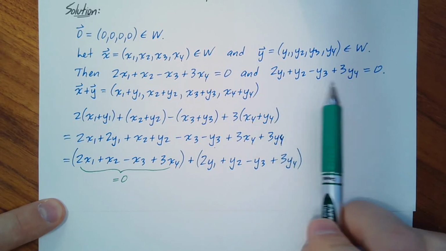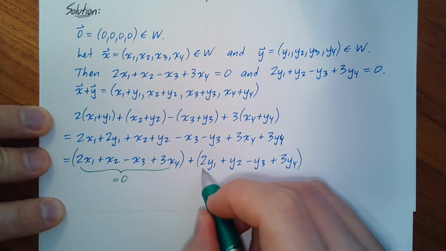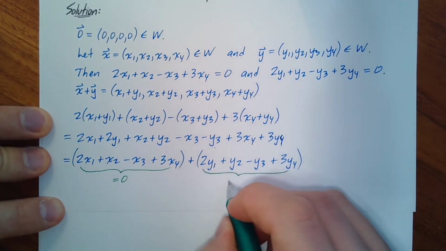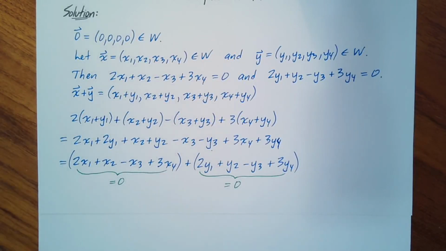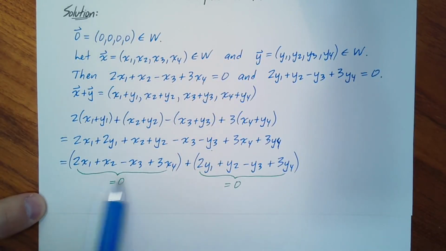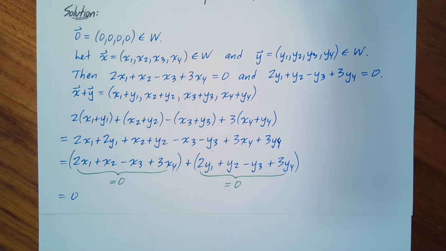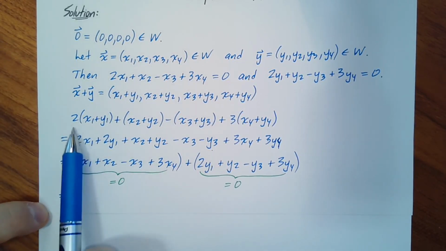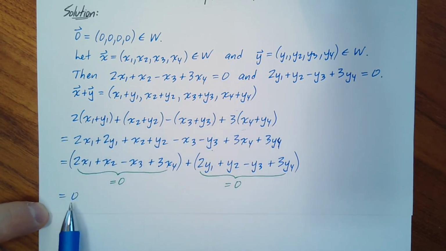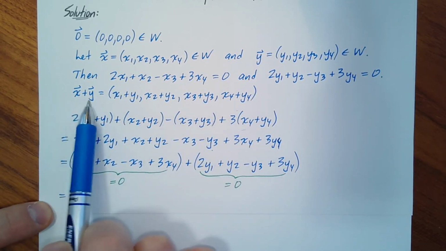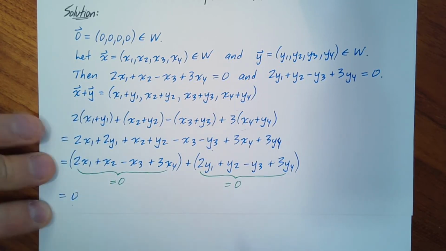If we're assuming that this equation is true, then this has to equal 0. So what we really have here is just 0 plus 0, which works out to be 0. So we did it. That means this vector is in W.